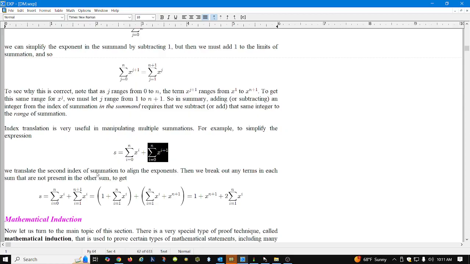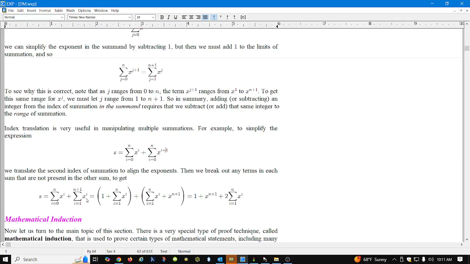I'm just going to recopy the first sum, but the index translation gives me this. I've subtracted 1 from the exponent, so I add 1 to the limits. Now I have the same summands in both cases.